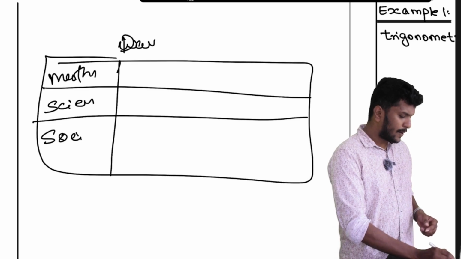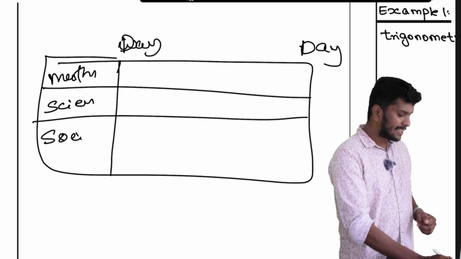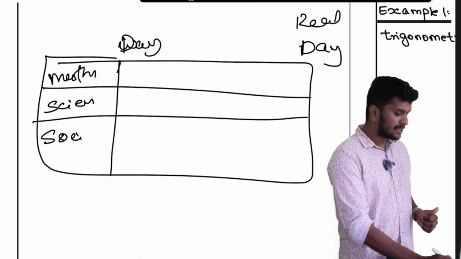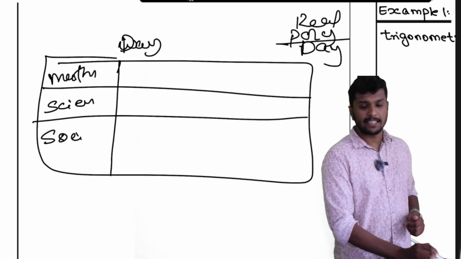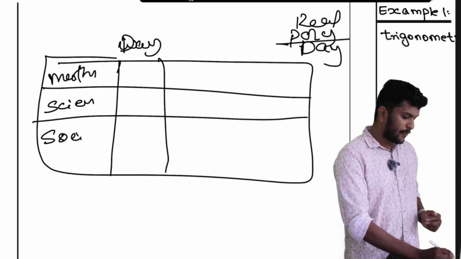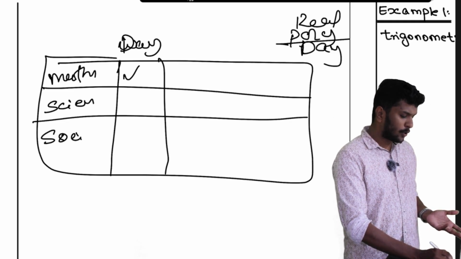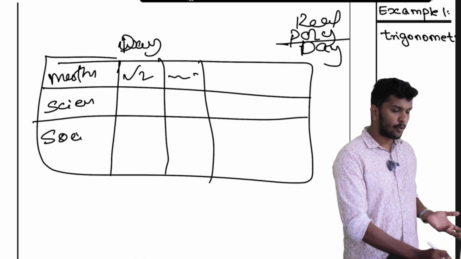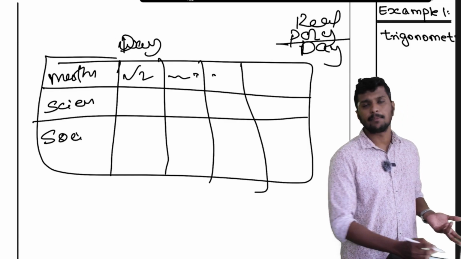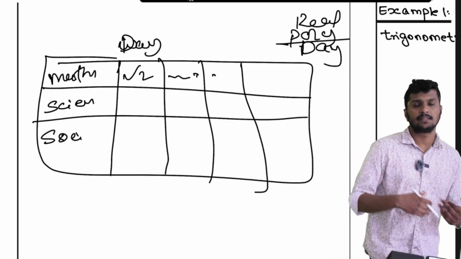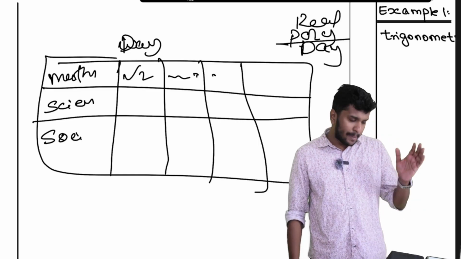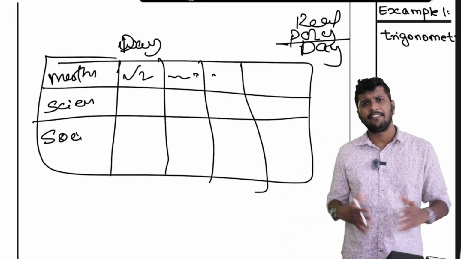Day 1 to day 7, I have to finish real numbers and polynomials. That's your objective. On day 1 I finish: prove that root 2 is irrational, then HCF and LCM formula, then polynomials, relation between zeros and coefficients. Make a plan like this and strategically learn everything.